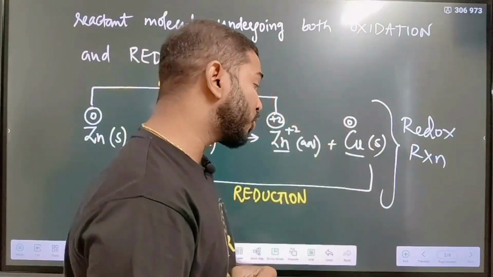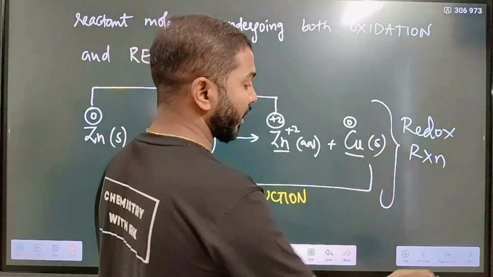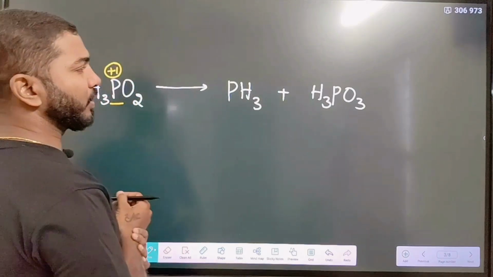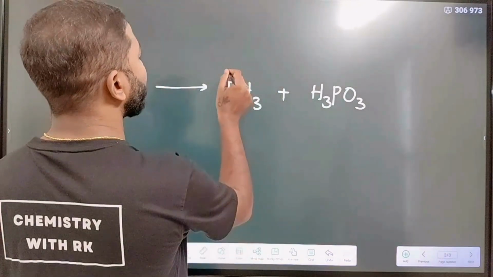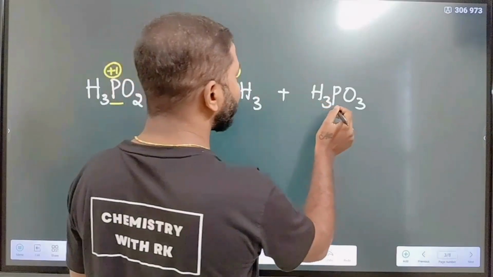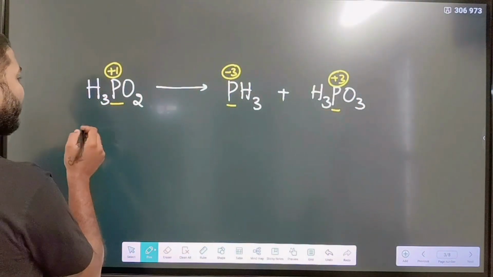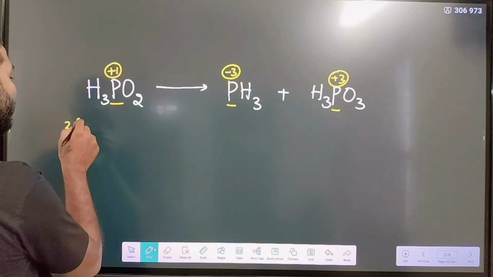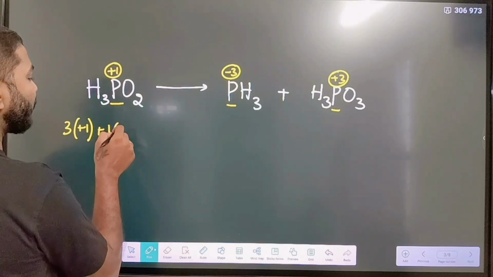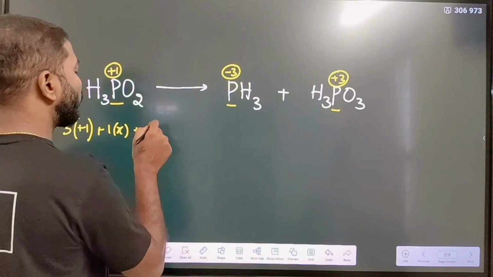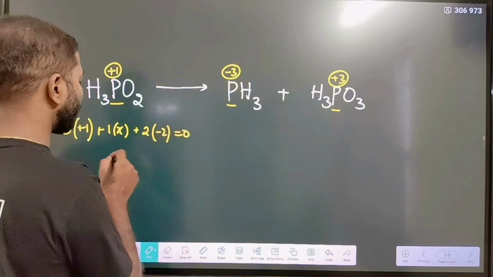And now when it comes to a disproportionation reaction, the oxidation number of phosphorus comes out as plus 1 in the reactant, and then in one product it comes out as minus 3, and in the other it is plus 3. How to calculate? Roughly, 3 hydrogens are there, for each hydrogen plus 1. One phosphorus we are trying to calculate, so let us take it as x. 2 oxygens, for each oxygen minus 2.